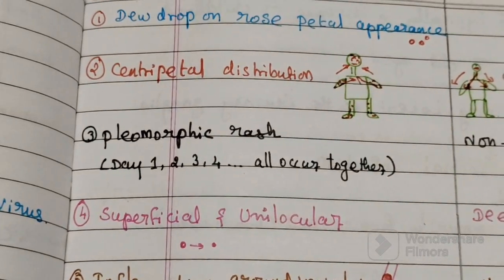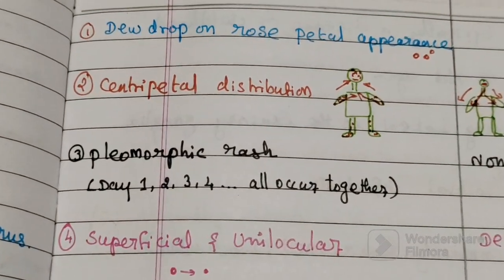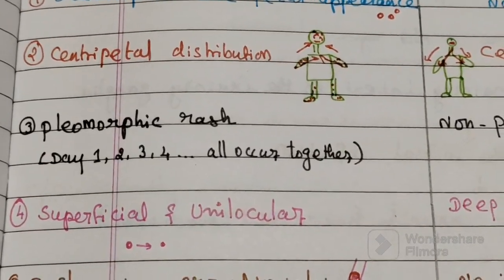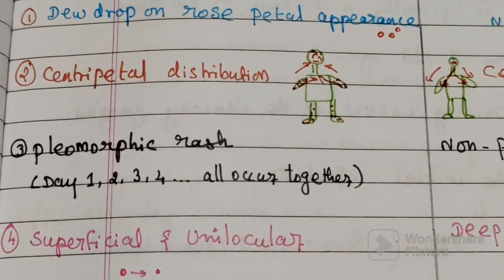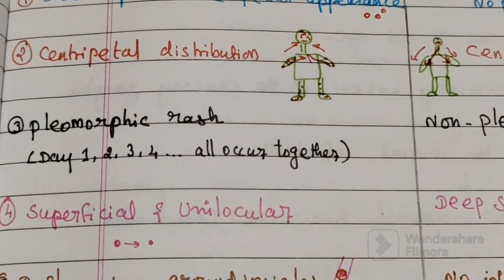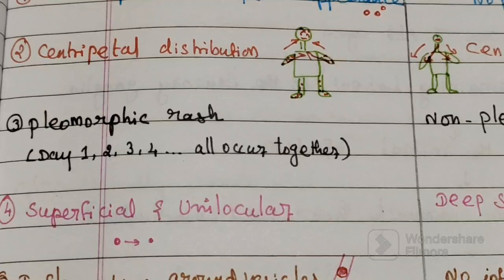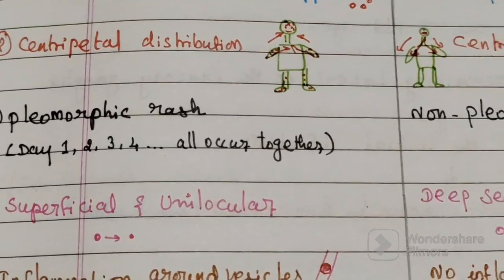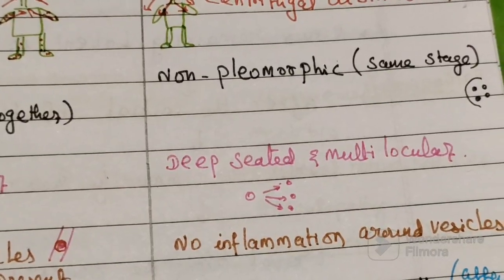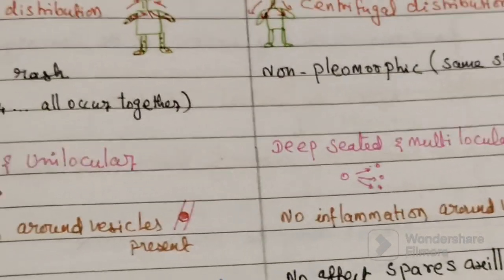Then the third is pleomorphic rashes. Because this one has various stages, 1, 2, 3, all the forms, macules, vesicles, all the stages are presented together. So pleomorphic rashes. The other is non-pleomorphic, all of them in the same stage.